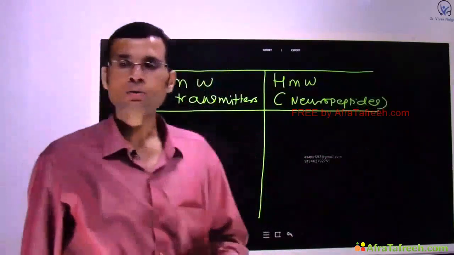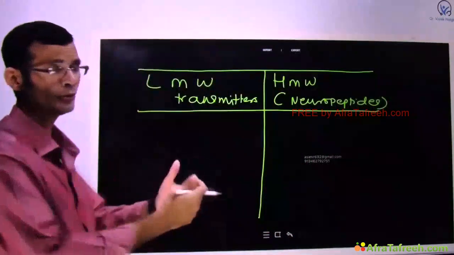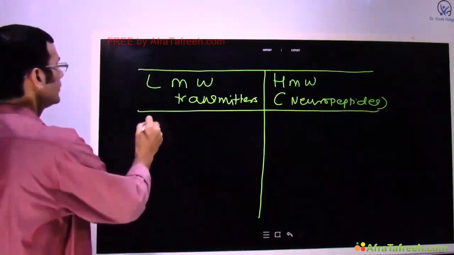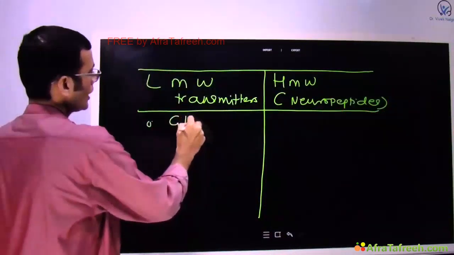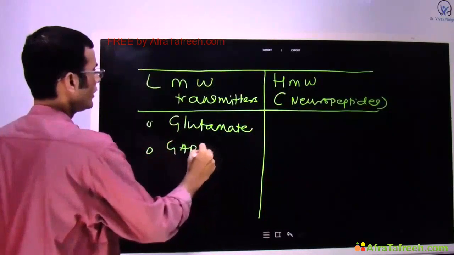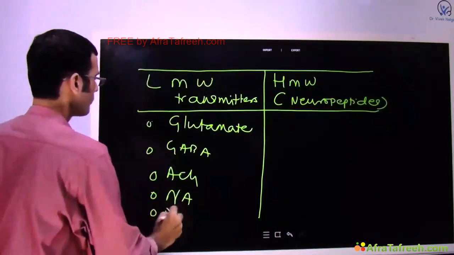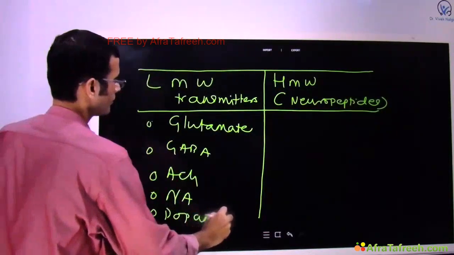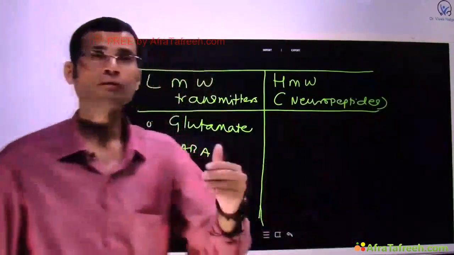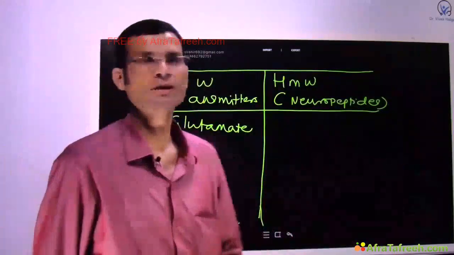All the commonly known transmitters fall in the first category, commonly known in the sense that we discuss them more. So glutamate, GABA, acetylcholine, noradrenaline, dopamine, they are all in the first category, low molecular weight transmitters. The high molecular weight transmitters are neuropeptides, little unconventional types.